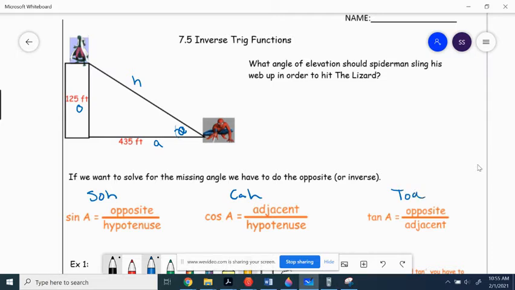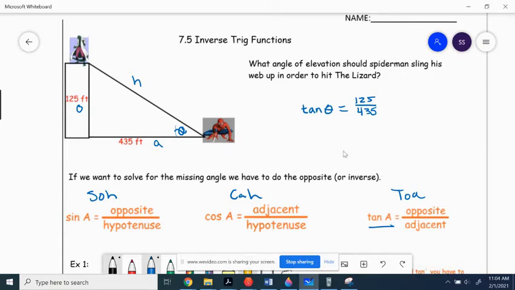All right, but for this example, we have opposite and adjacent. Which ratio uses that? That would be tangent, opposite over adjacent. So we're going to set this up as the tangent of theta is equal to 125 over 435.